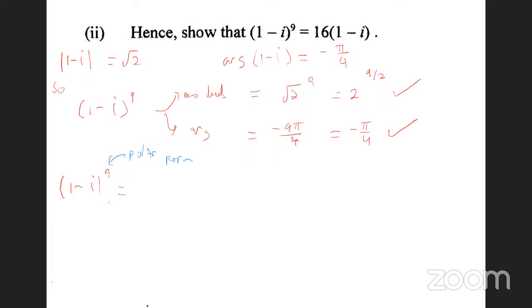It will be root 2 to the 9, well, 2 to the 9 on 2, open brackets, cosine of negative pi on 4, plus i sine of negative pi on 4. Now, what we could do is actually go to the calculator and work that out.